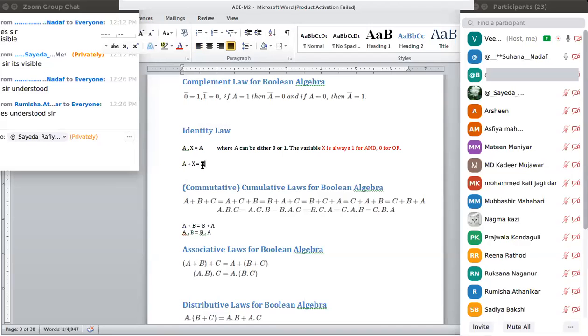Here the output is A, here also the output is A, whereas it is being compared with A dot X or A plus X. Now A can be either 0 or 1. But the only thing is the X. What would be the X to get the output as A? In the AND function, the X should be 1. The X should be 1.